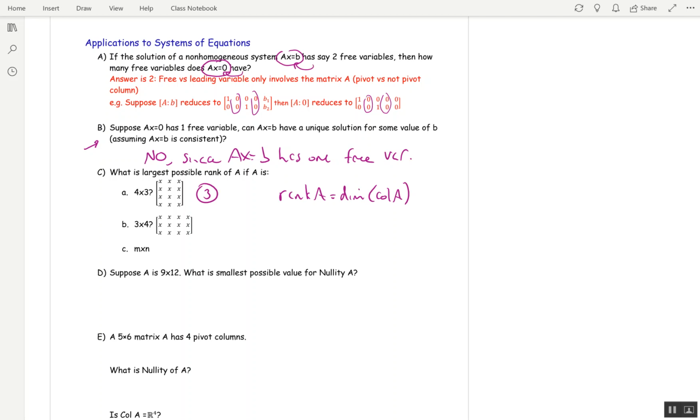Now there are 4 columns, but the maximum rank is not going to be 4 because the rank of A is the dimension of col A, but it's also the dimension of row A. And there's only 3 rows. So the maximum rank is 3. In general, if you have an m by n, the max rank is going to be the minimum of the 2 numbers m and n.